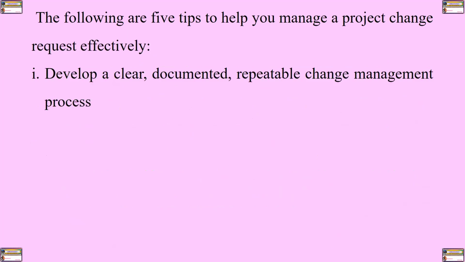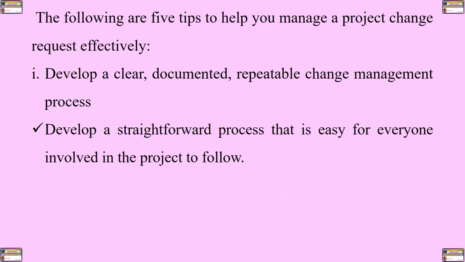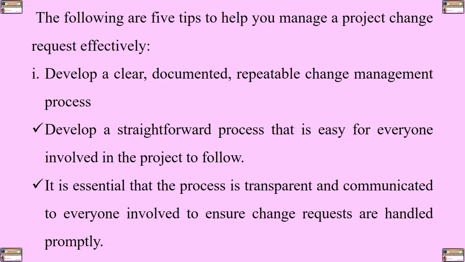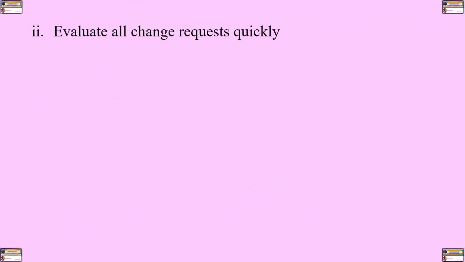1. Develop a clear, documented, repeatable change management process. Develop a straightforward process that is easy for everyone involved in the project to follow. It is essential that the process is transparent and communicated to everyone involved to ensure change requests are handled promptly.